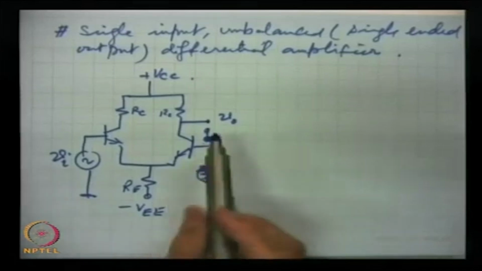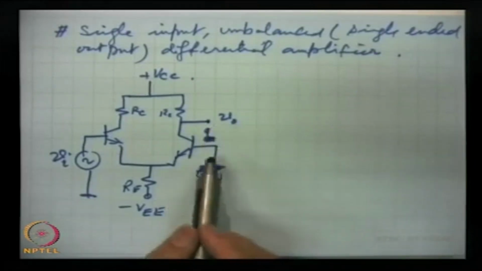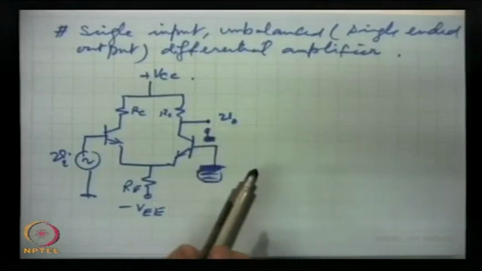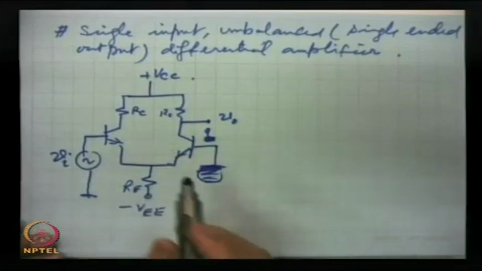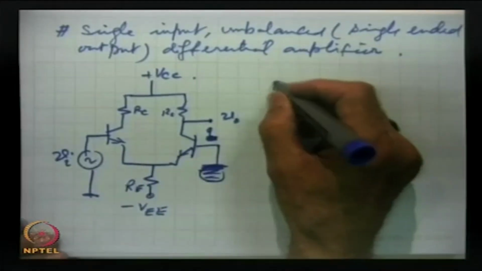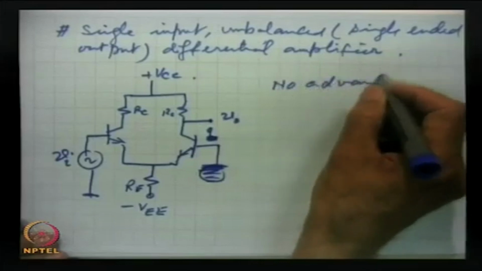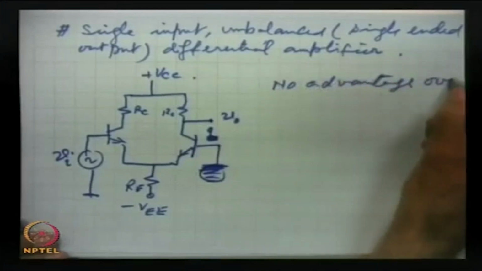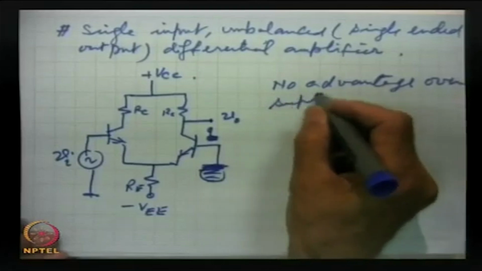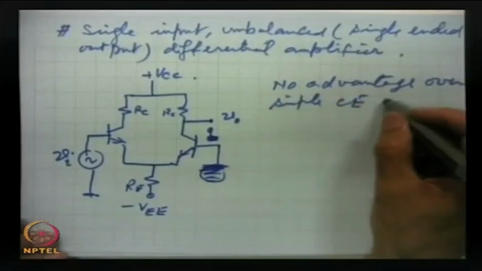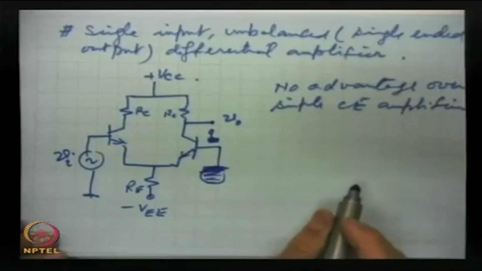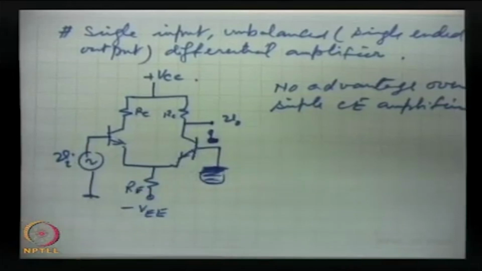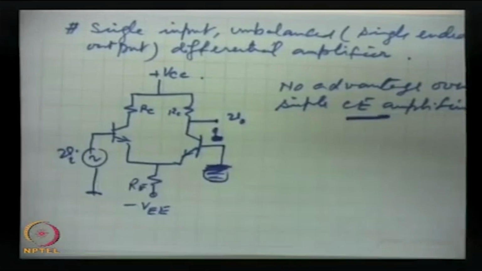So, here the gain will be half of the first case. An important feature is that this does not offer any advantage over a simple CE amplifier. But the disadvantage is that this makes use of a much larger number of components as compared to a simple CE amplifier.